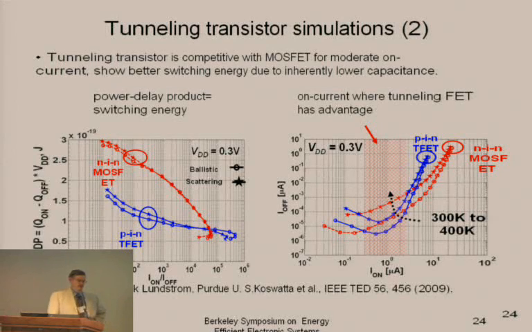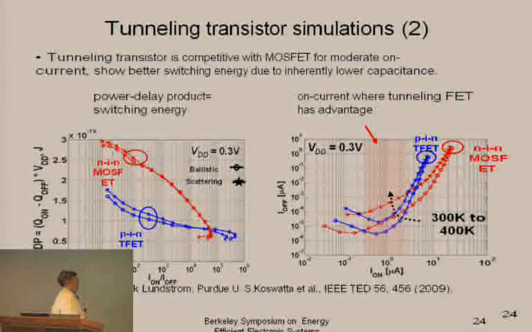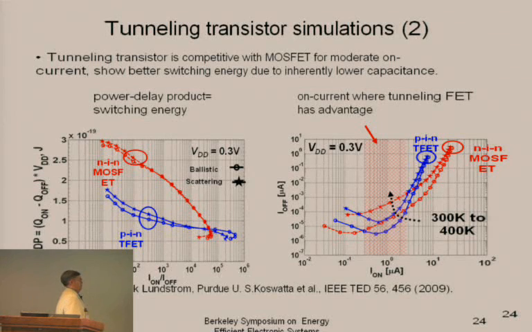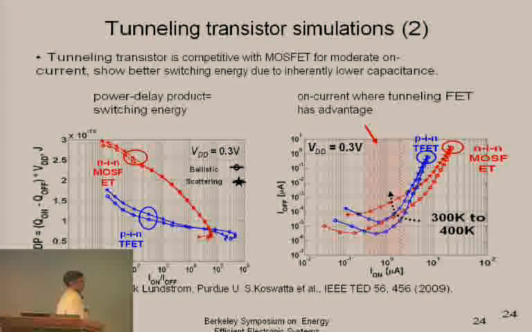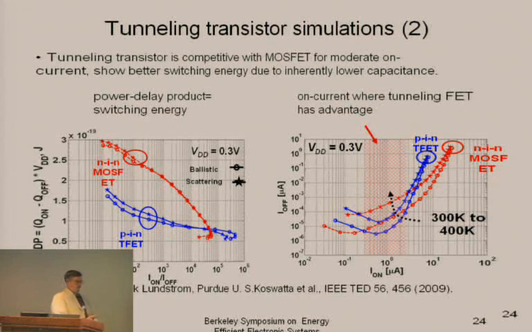I think the consensus opinion is if you have to have high drive current, you're probably not going to be interested in a tunnel FET. But if you can live with a slightly lower on current, drive current, then there is a range in here where tunnel FETs appear to be a viable alternative.